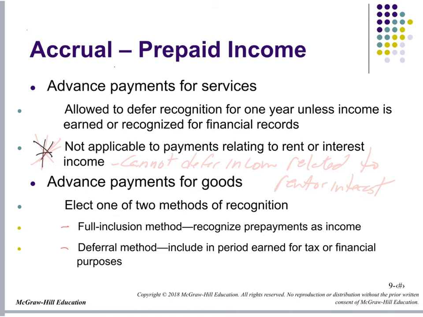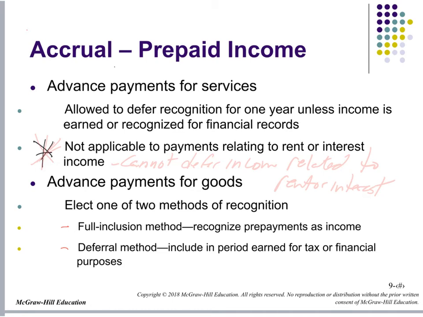And then you receive the goods the next tax year, all right? That company would recognize those prepayments as income, okay? And if they use the full inclusion method. If they use the deferral method, then they're going to include them in the period earned for tax or financial purposes, whichever. So essentially you have to match those up.